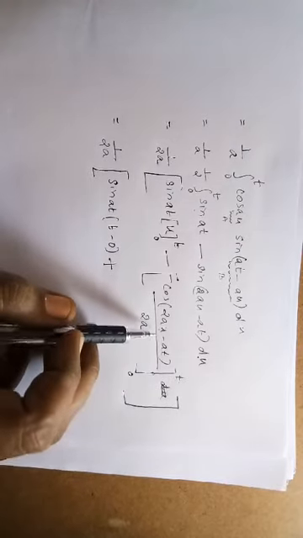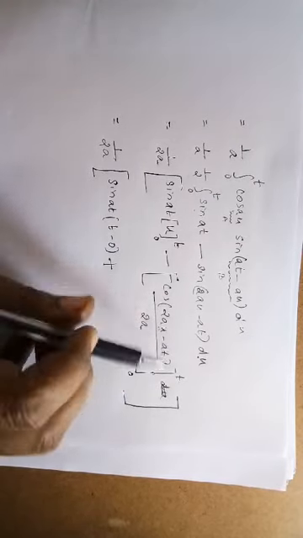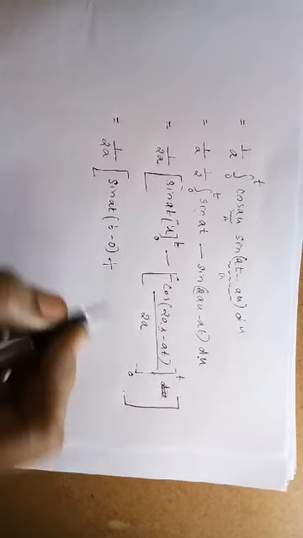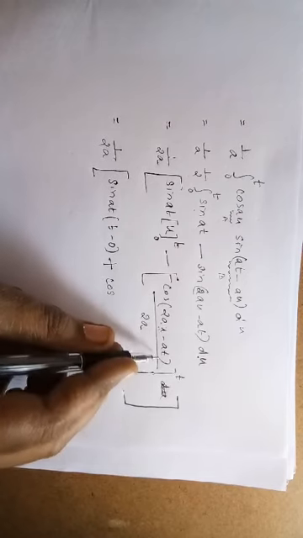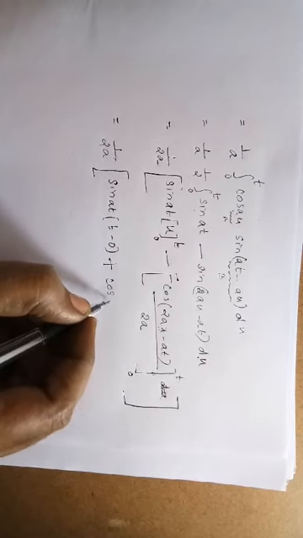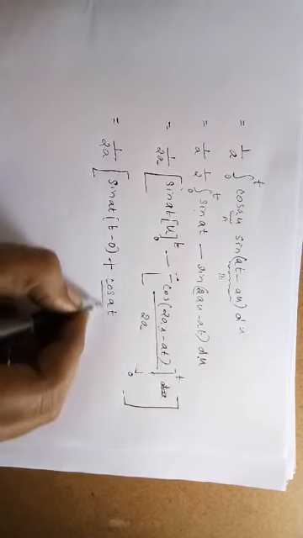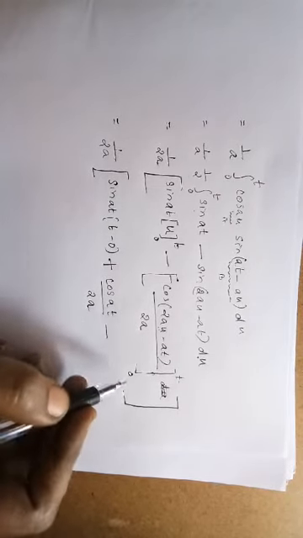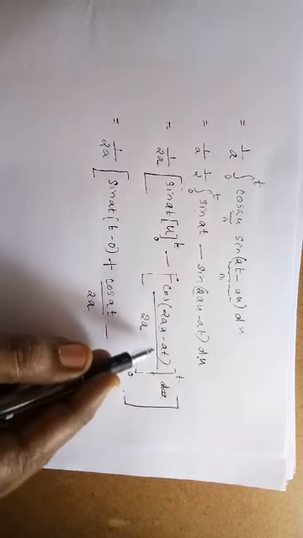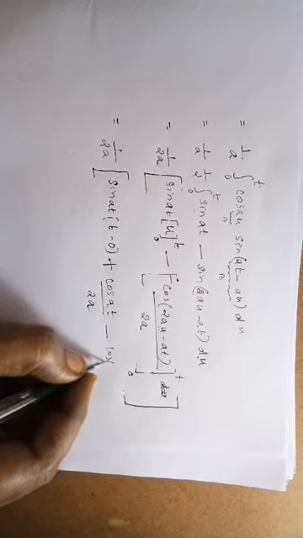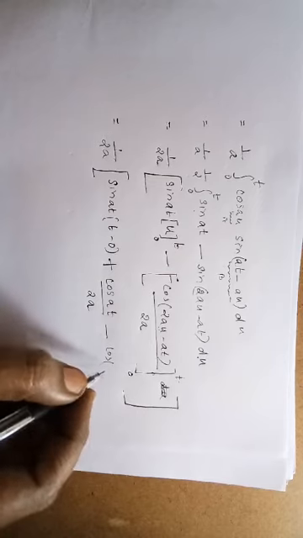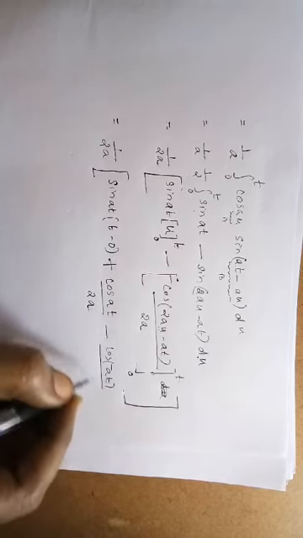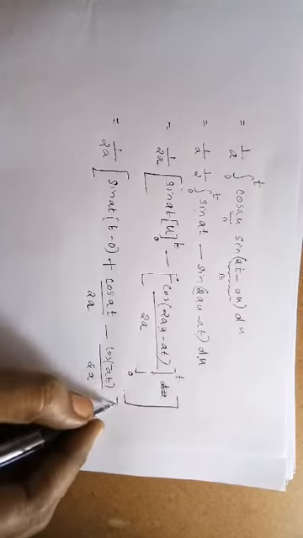Listen here, we have to apply the limit for u only because the integration variable is u. So upper limit is cos(2at minus at), that is cos at. Cos at by 2a, minus the lower limit. When u equals 0, we get cos of minus at by 2a.